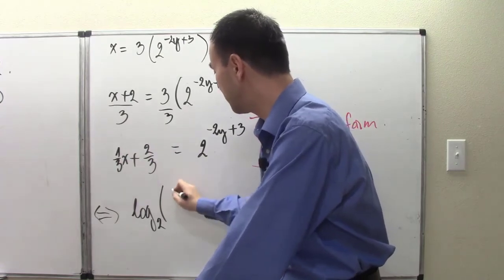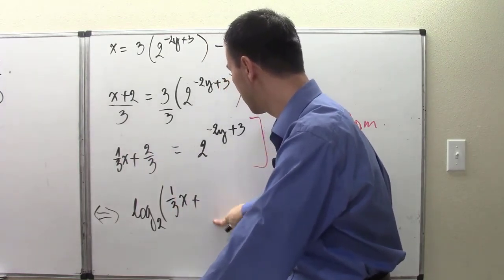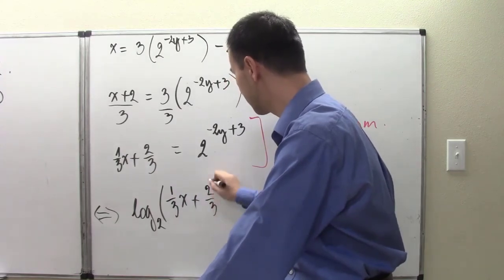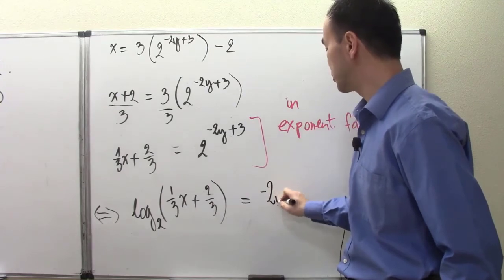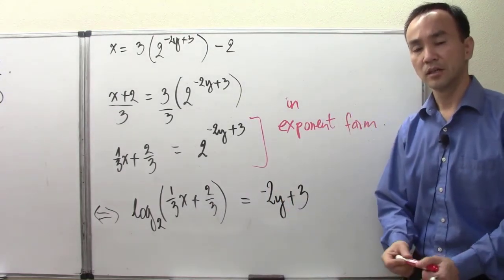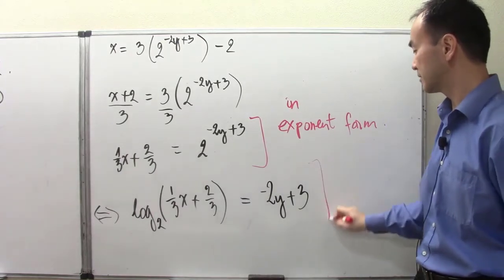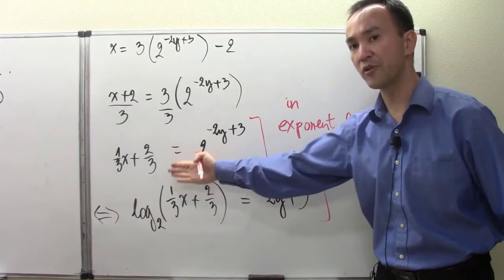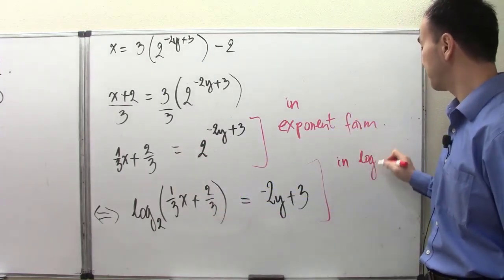Log base 2 of 1/3 x plus 2/3, and all that is equal to minus 2y plus 3. So what have I done here? It's the same equation, but I have rewritten it in logarithmic form.